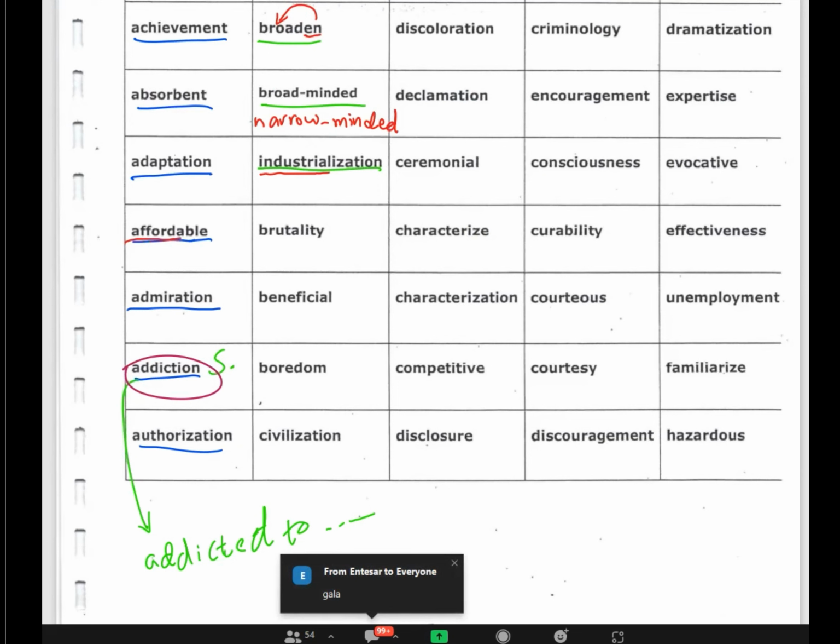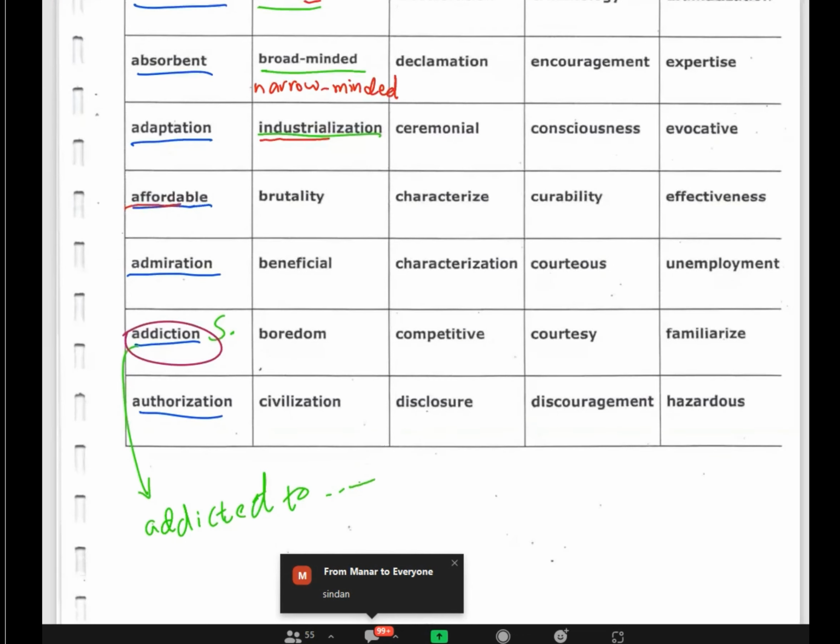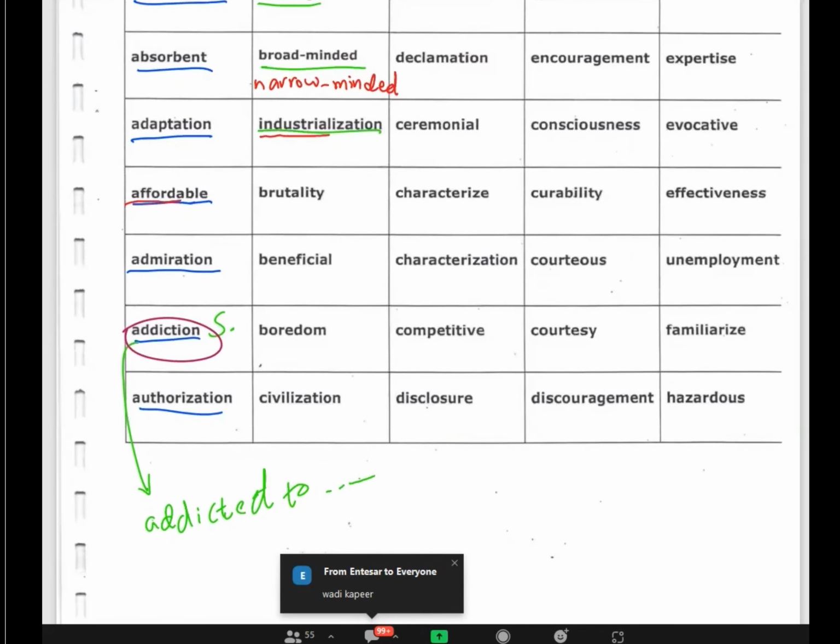Like Ghala, like Al-Rusail, Duqum, Mabela, Sindan, very good. In almost every wilaya, there is an industrial area. Brutality.